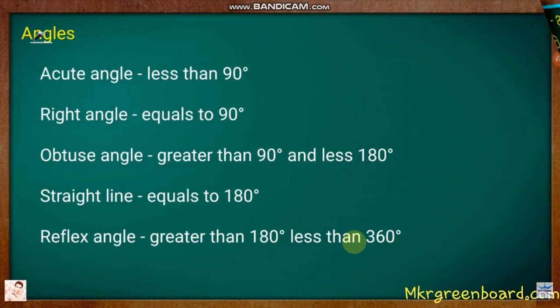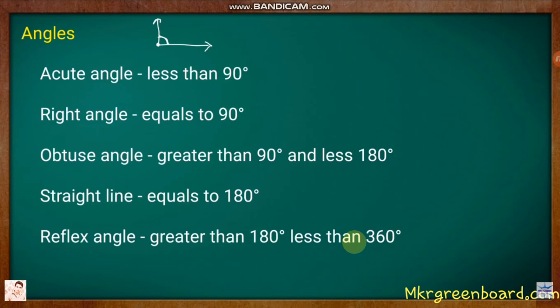So next we move on to types of angles. The first one is acute angle, then right angle, obtuse angle, straight angle and reflex angle. An angle forms when we join two rays.